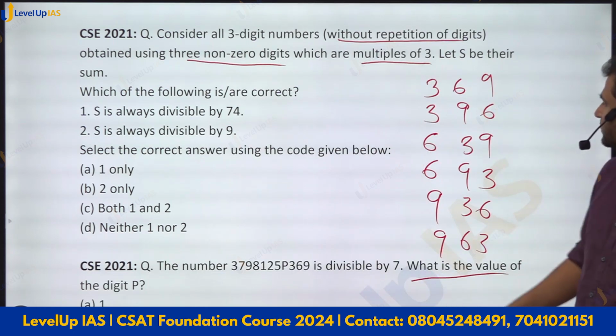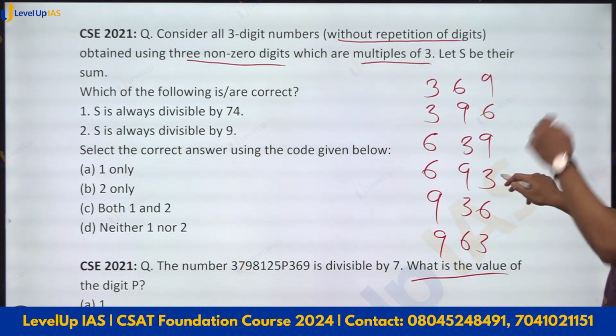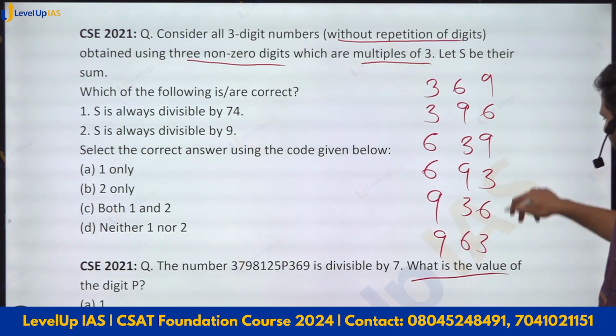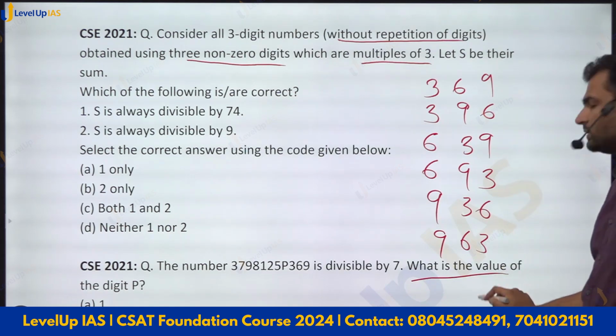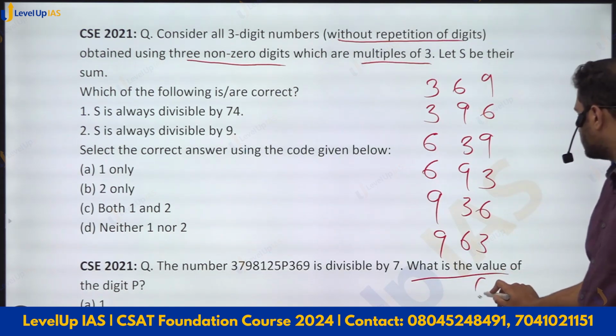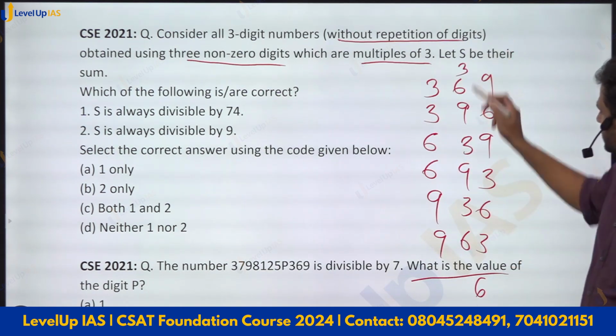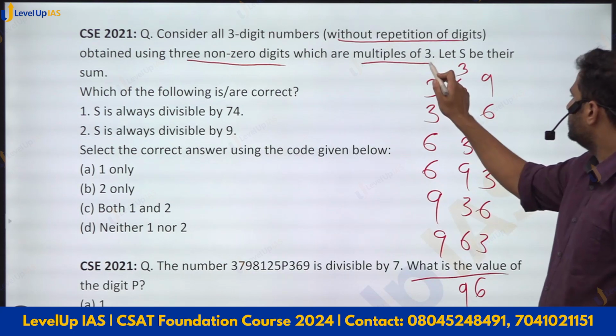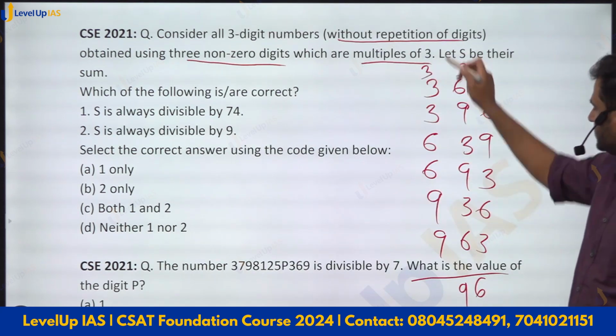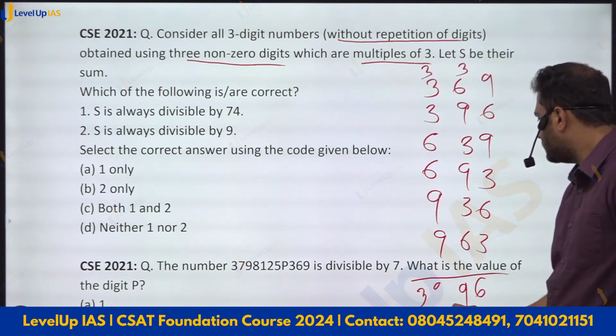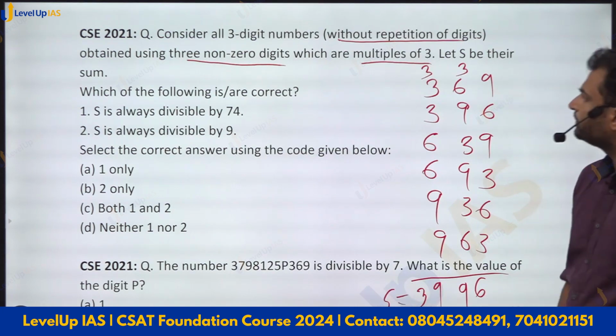We can just add all of them. What is the addition? 3 plus 6, 9, 9 plus 9, 18, and 18 plus 18 is 36. We are carrying forward 3, again 36 plus 3, 39, carrying forward 3, and 36 plus 3, 39. So we have the value of S.